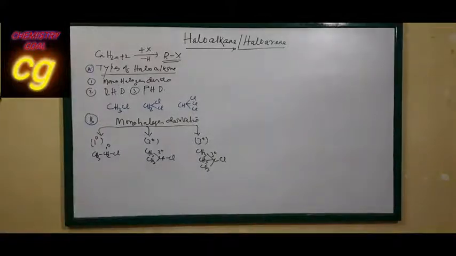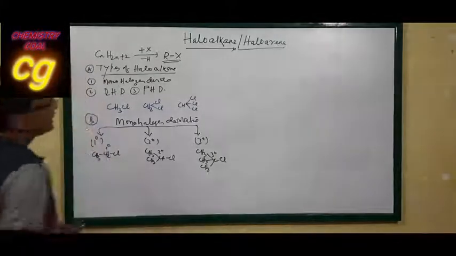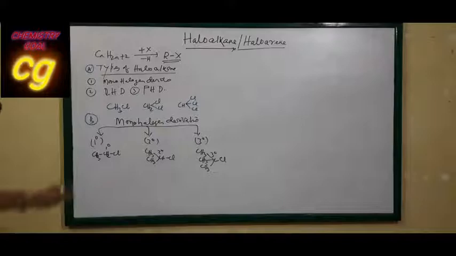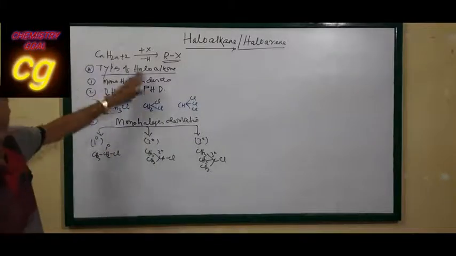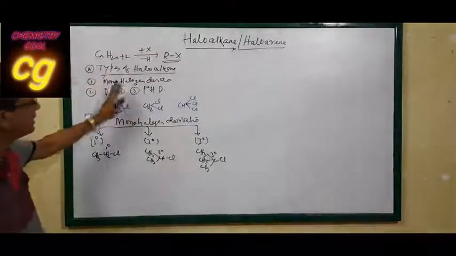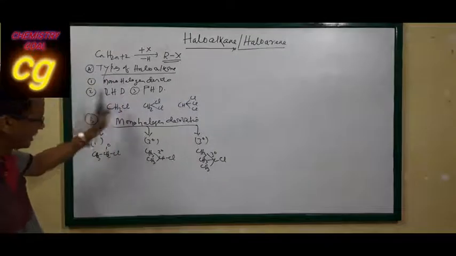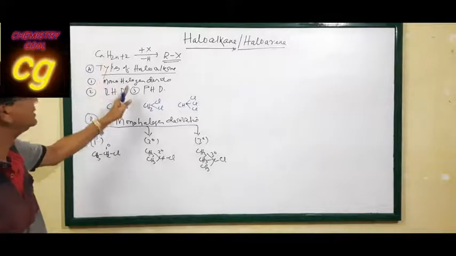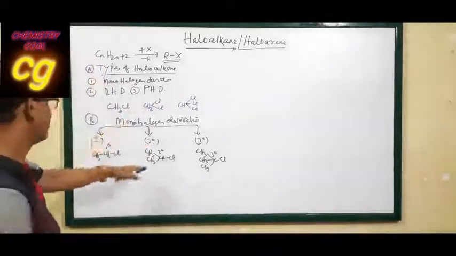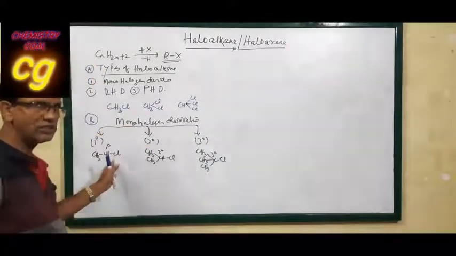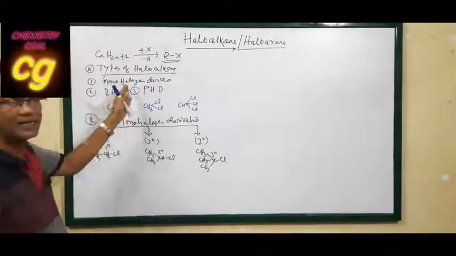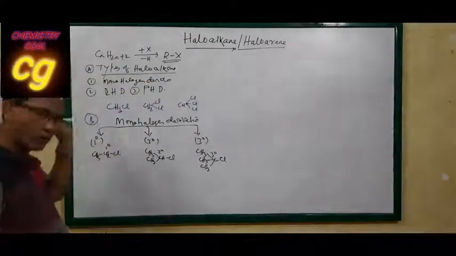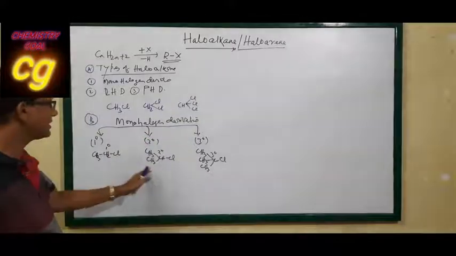This is the case of aliphatic compounds, mainly the halogen derivative of alkane. These have a number of halogens, mono, di, tri, poly, or the monohalogen derivative may be primary, secondary, tertiary.